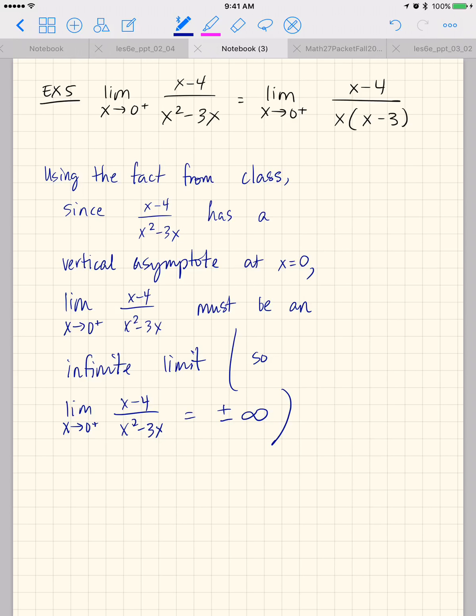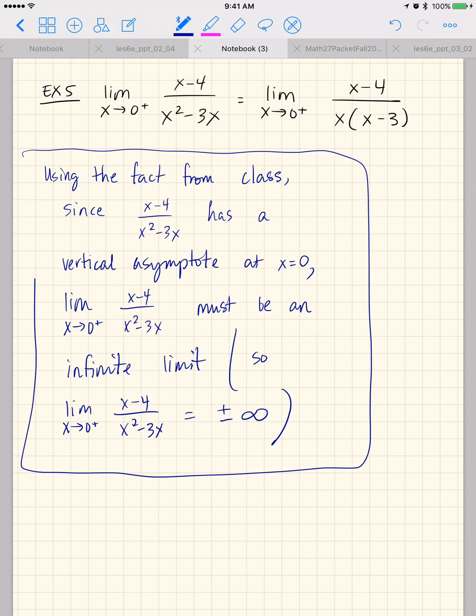Okay, now all of this takes a long time to write out, but in my head, I am instantly making that connection. So it takes longer to explain it than it does for me to do that calculation. So step 1 is to figure out that I'm dealing with an infinite limit.